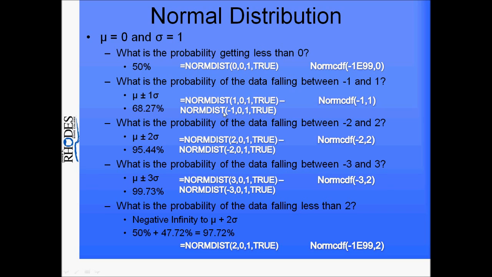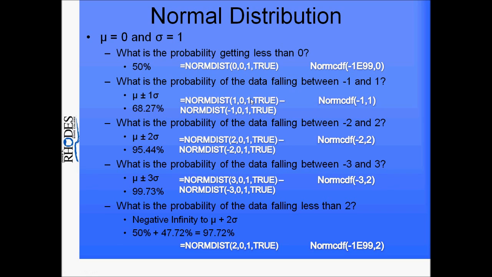Now, if you want to do that same calculation in Excel, it gets kind of tricky because Excel, again, you don't have a left bound and a right bound. You only have one number that you can type in. So what you have to do is you have to find the area from -infinity all the way to 1. So that's how you type this in. So from -infinity all the way to 1, it's a probability under the curve from 1 or less.